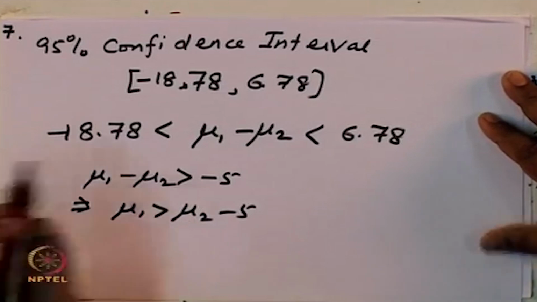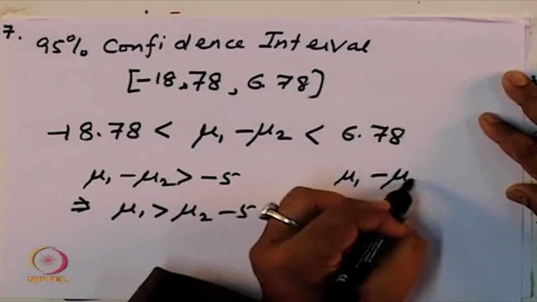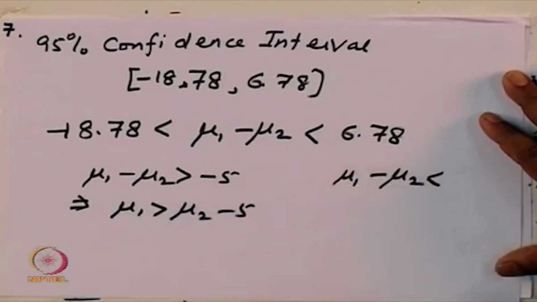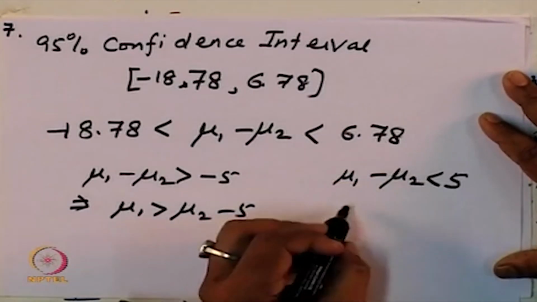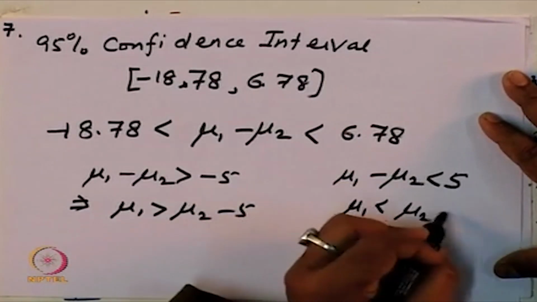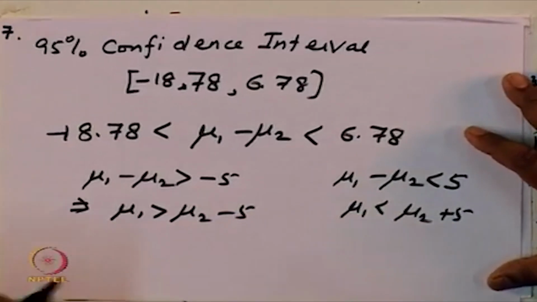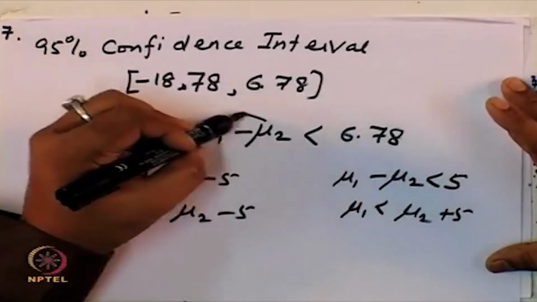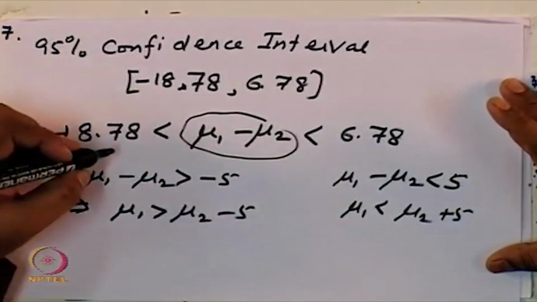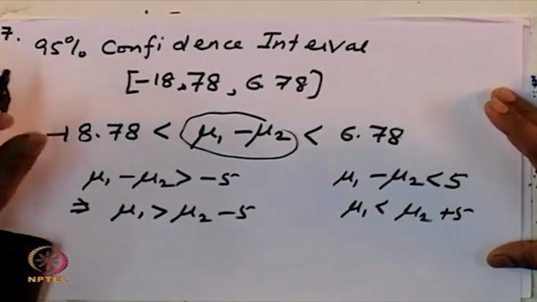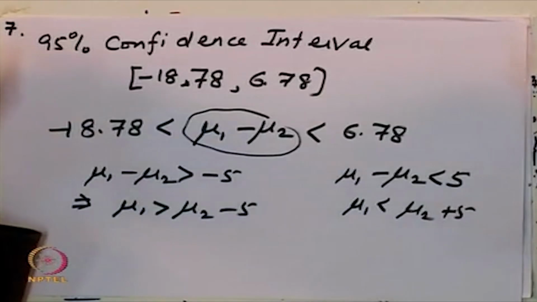Or you could have had the other possibility, mu 1 minus mu 2 is less than 5. In that case, mu 1 is less than mu 2 plus 5. So, there are both the possibilities where this entire difference is either negative or positive. So, this tells you it is very hard to conclude that the average intake of men and women of these dairy products really differ. So, this is how you can calculate the confidence interval and draw some conclusions about the statistics.